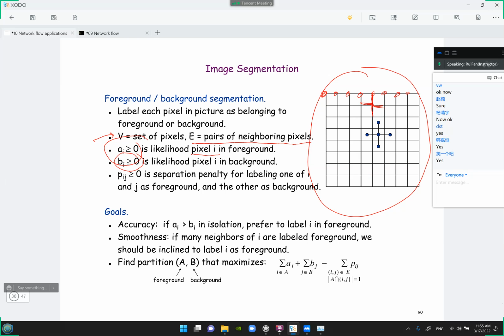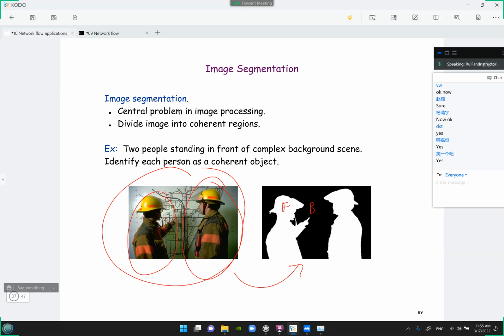And one final thing is that because your images are continuous, usually if one pixel is in the foreground, then its neighbor is usually also in the foreground. That's not always true, because you could have a pixel on the boundary and its neighbor is not in the foreground. So you can switch from foreground to background once in a while.